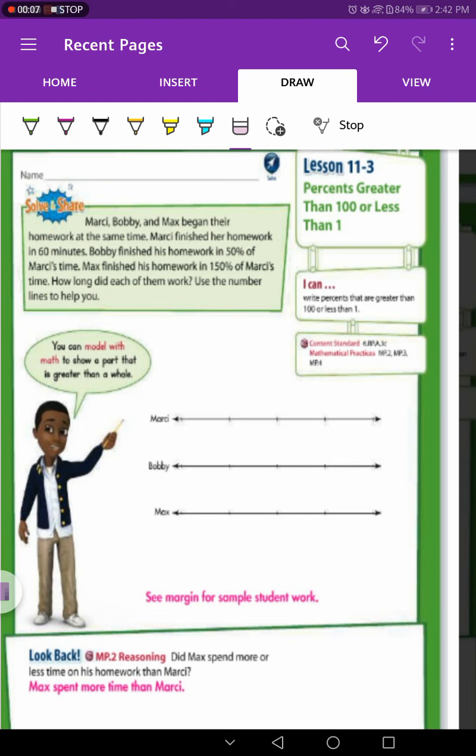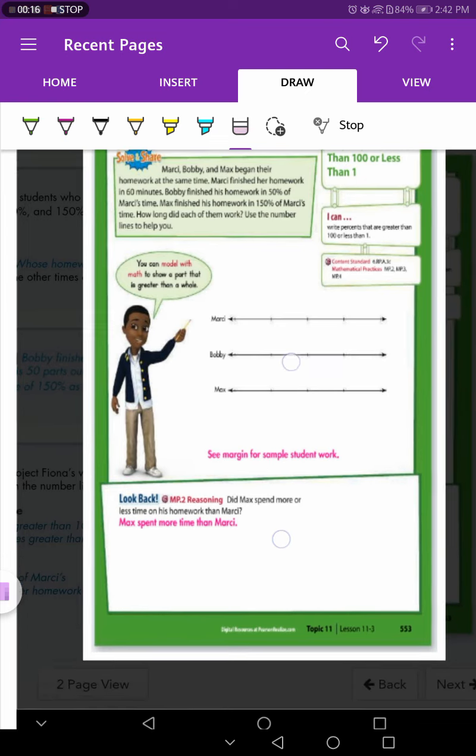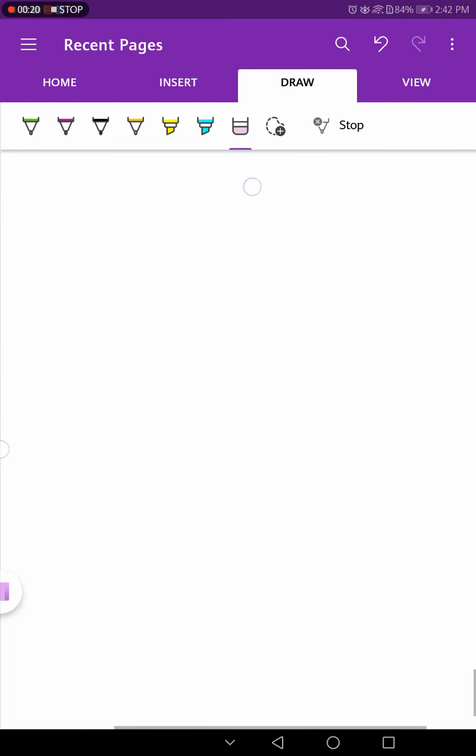Our lesson today is percent greater than 100 or less than 1. Let us start with a revision of the previous lesson. For example, if I told you 5%, I want to write it as a decimal or a fraction.